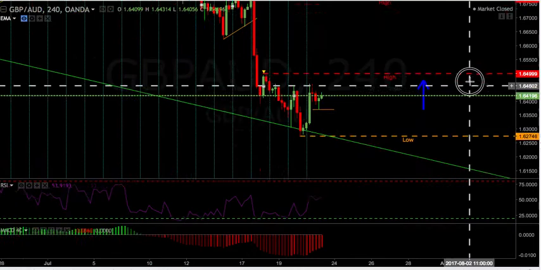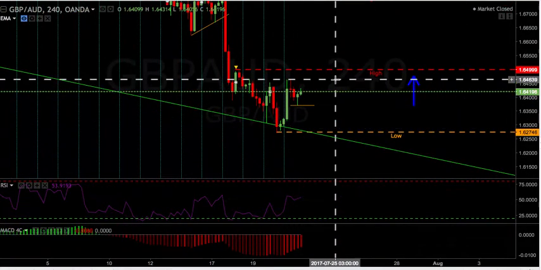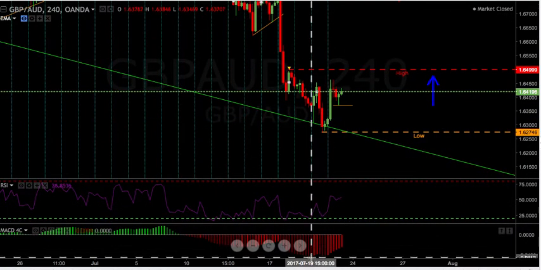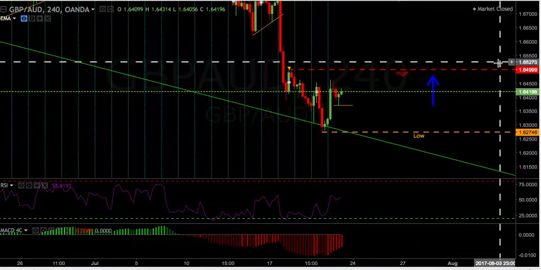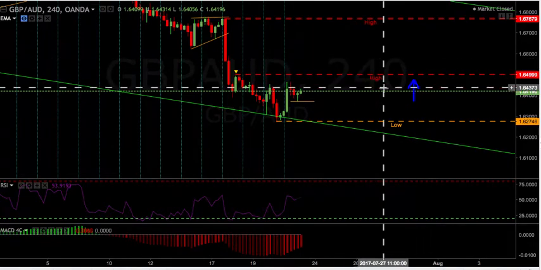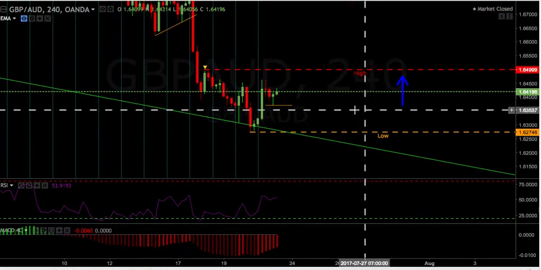Okay, so we have had a confirmed bounce, which means we had an entry going long. Plus, we have our MACD pushing back bullish also. So right now I'm bullish, looking for longs in this pair.